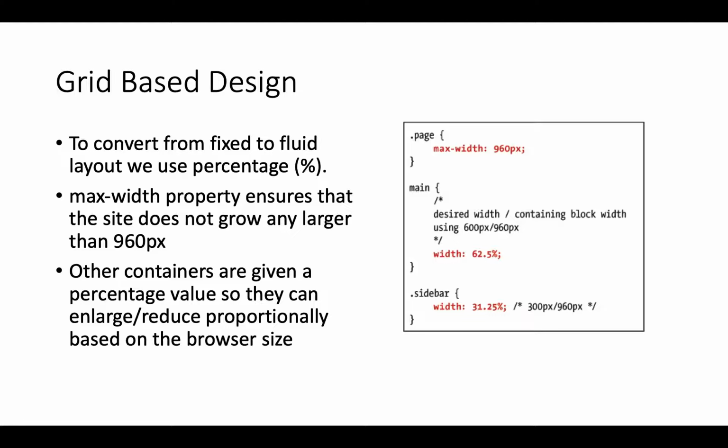The important thing here is the percentage, so the actual value is less important. Roughly two thirds of the width will be used to display the main content, and the remaining bit will be used to display the sidebar. There's also a little gap between the two, so these two do not add up to 100%, which gives you a little bit of space.